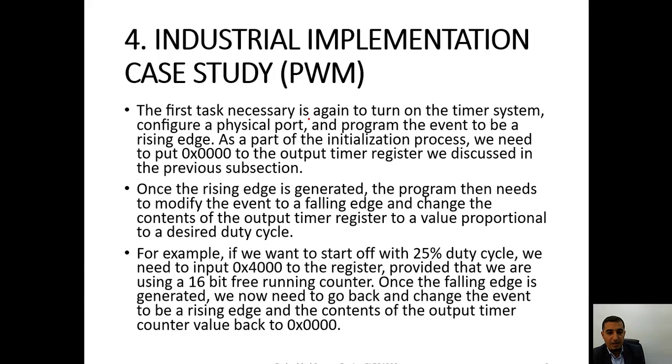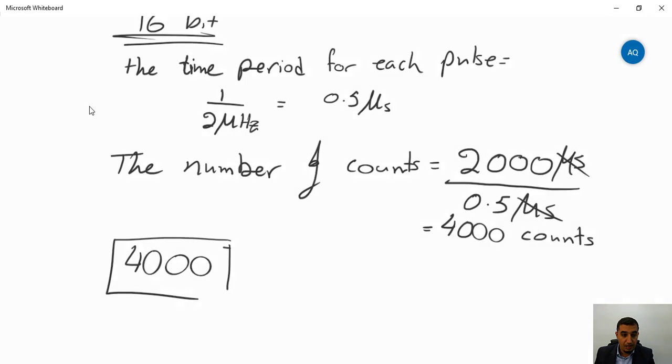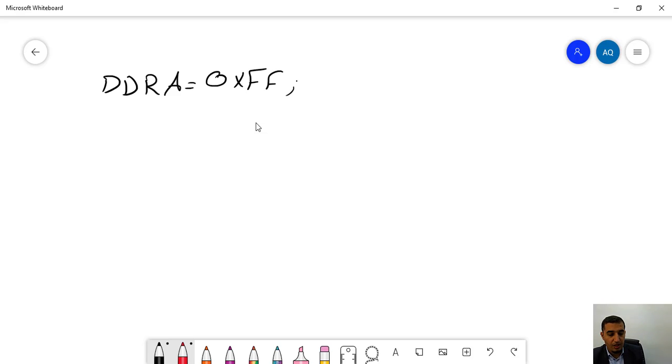So the task necessary is again to turn on the timer system and configure a physical port. Remember, I can generate a signal very easily. I can say I want to generate a pulse width modulated signal. Let's say DDRA is equal to 0xFF, and then while(1), I will open a bracket.